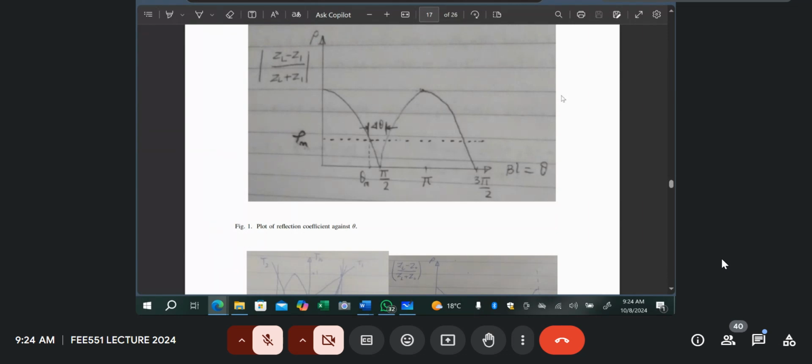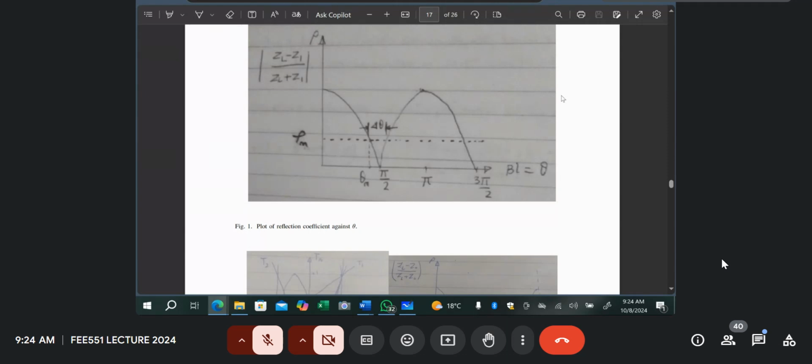So it means we need to be able to communicate at certain frequencies where this reflection coefficient will be almost 0. So we can set our system such that the quarter wave transformer that you're using is able to give you a certain value of reflection coefficient. And for you to communicate effectively, you have a threshold.